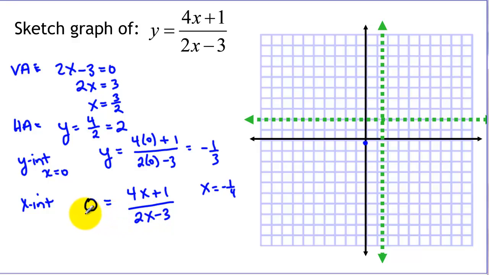We could also do the same thing as we did before. We can put this over 1 and cross multiply, but 0 times anything is 0, so again we get 0 equals 4x plus 1, and if we solve that we get negative 1/4. So these points are quite close together. Not too useful, but we're just trying to get a rough idea of the thing.